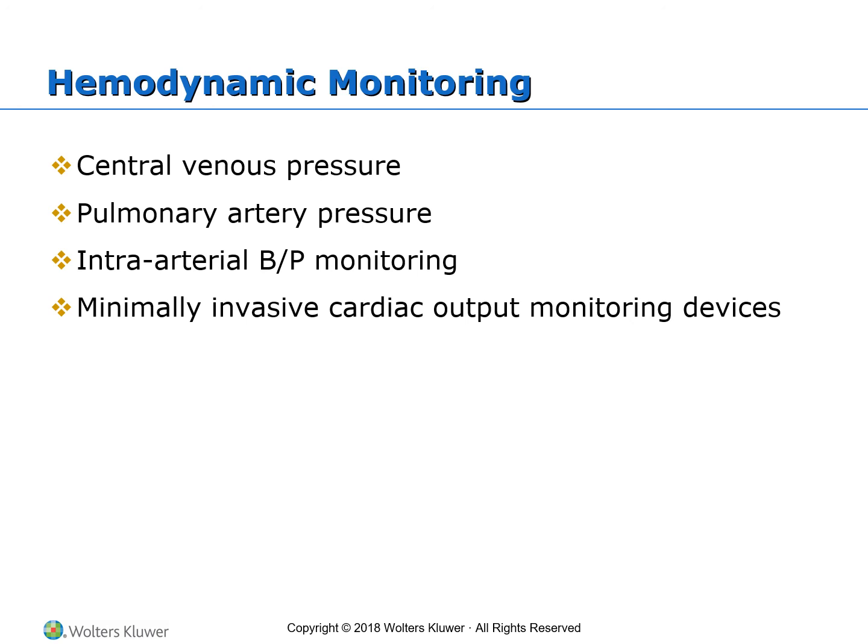This type of monitoring is done in the ICU, and the nurses who do monitor these patients will have specialized training specific to what needs to be done. Complications are uncommon, but they can occur. The different complications that you need to be aware of if you're going to monitor these types of devices: your patient can get a pneumothorax.